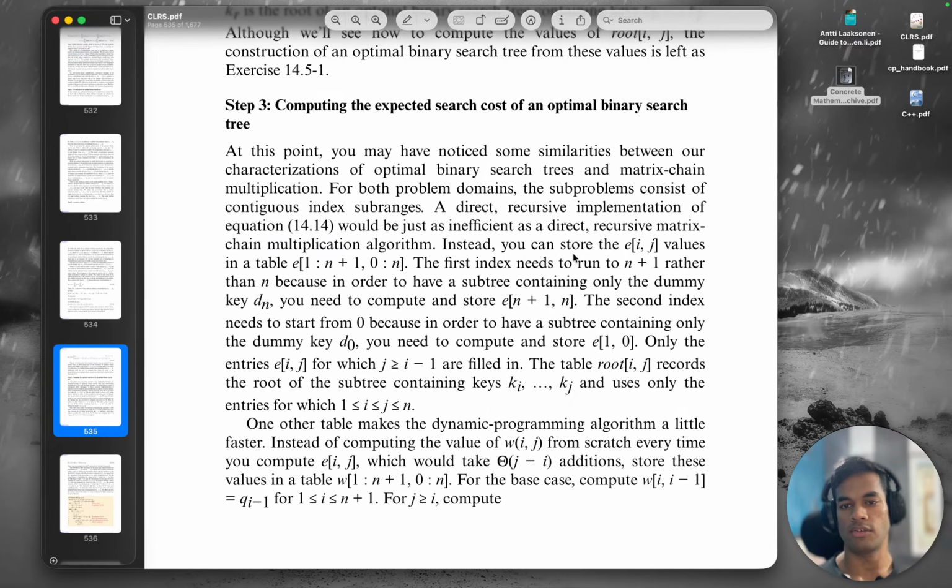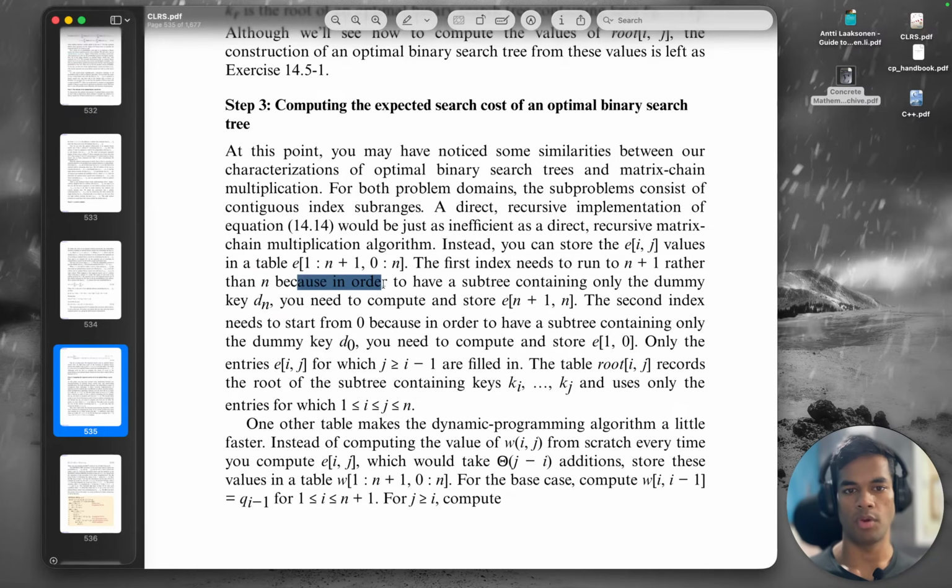Instead, you store e[i, j] values in a table. In this table, the first index needs to run to n plus 1 rather than n, because in order to have the subtree containing only the dummy node d_n, you need to compute and store e[n+1, n].